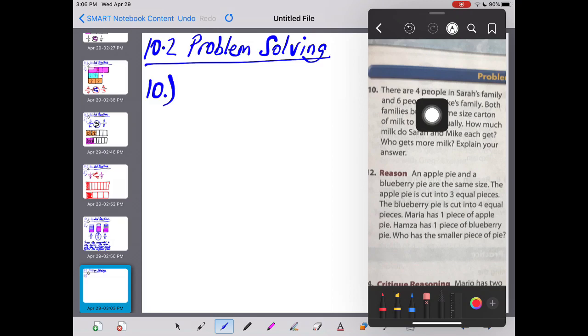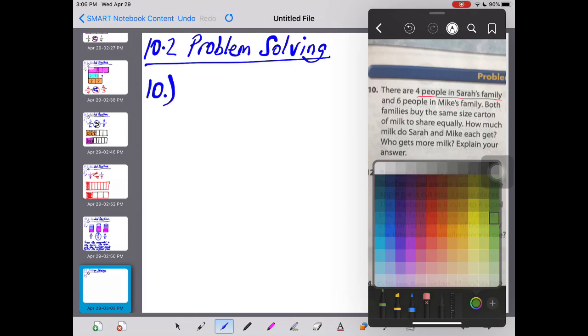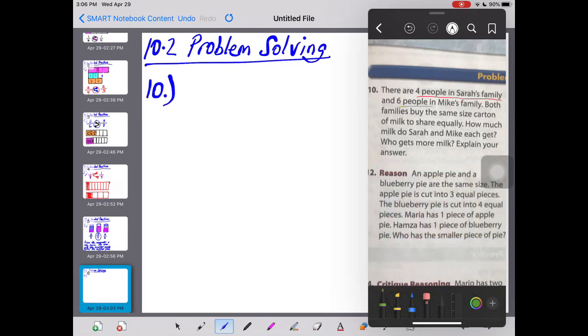Sarah's family has 4 people. Mike's family has 6 people. Okay, so Sarah's family has 4. And Mike's family has 6.